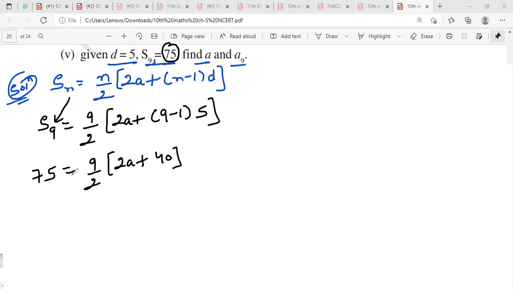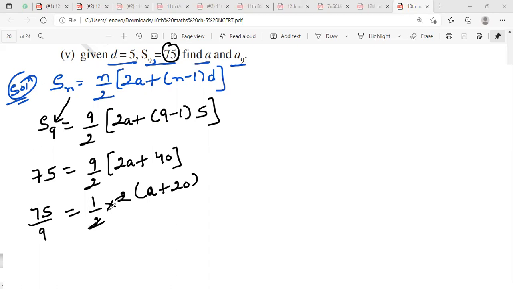Then now what can we do from here? It can be written as 75. The 9 here will come in multiple form, in divisible form, right? And this becomes 1/2. From here, if you take 2 common, this will become A plus 20.